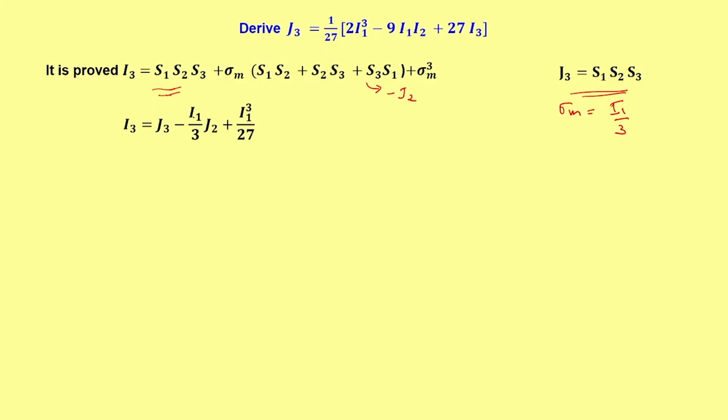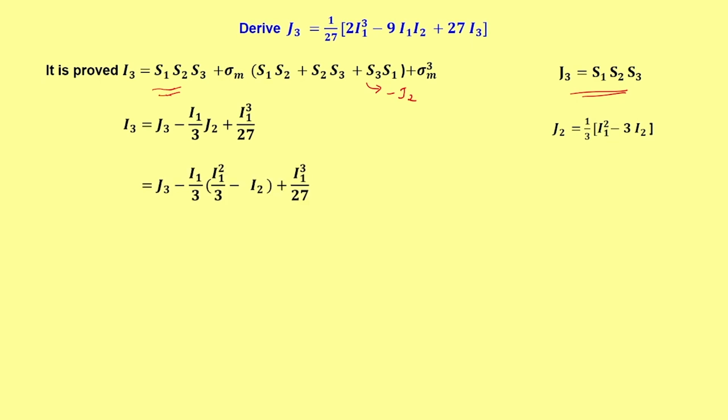So, you substitute that I1 by 3 for sigma m, and this one will become minus I1 J2 by 3 plus, again you can get the cube, I1 cube. So, sigma m cube means I1 cube by 3 cube, that is 27. So, J2 is equal to 1 by 3 I1 square minus 3 I2. This is already known to us, just as we have proved in the last slide.